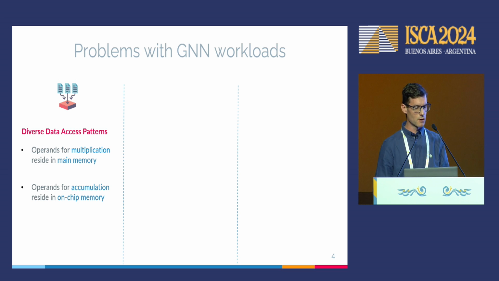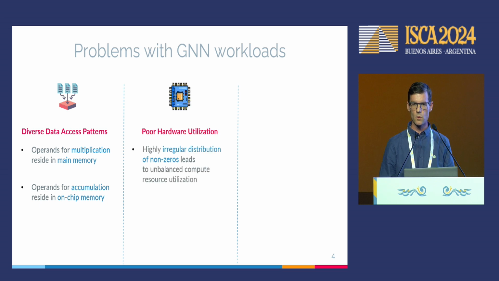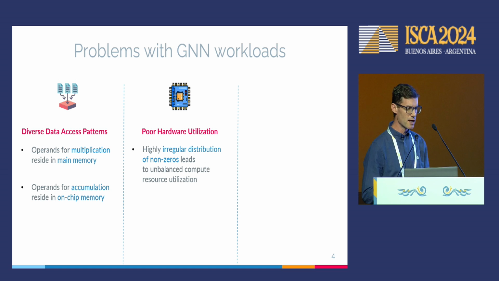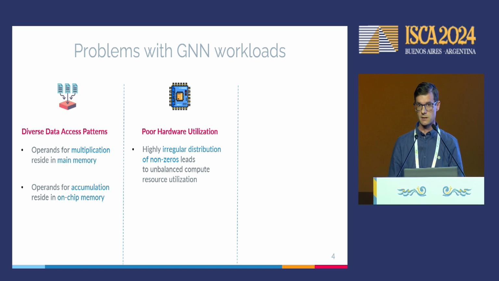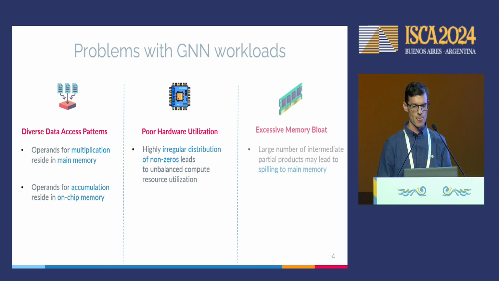Then the accumulation happens on chip after computing the partial product. This on-chip accumulation also depends on the sparsity levels in the matrices, which could lead to irregular distribution of the tasks involved in accumulation. Also, the partial products can lead to cache pollution in on-chip memory, and also spilling to main memory, because you cannot accommodate most of them on chip.